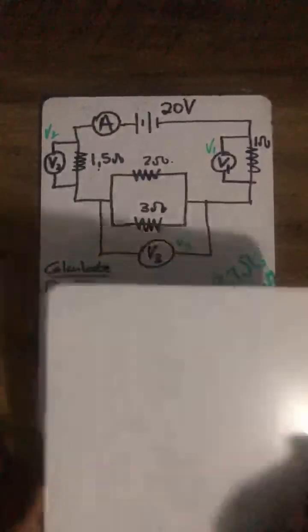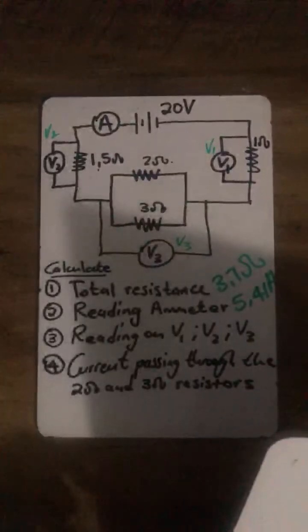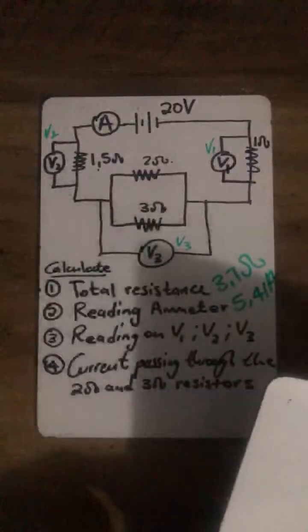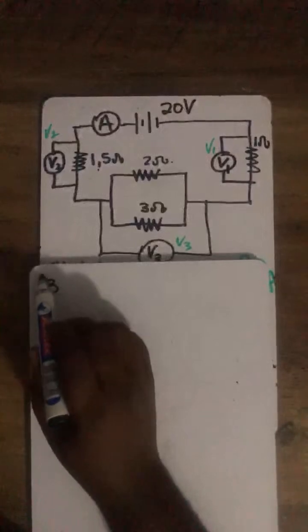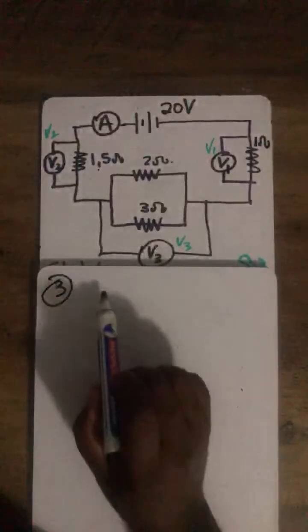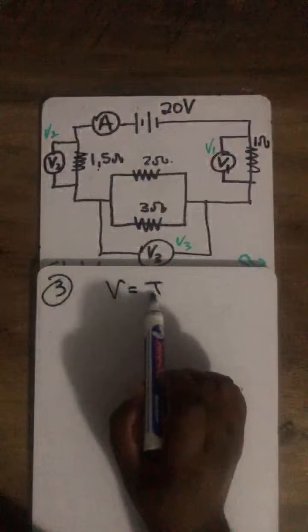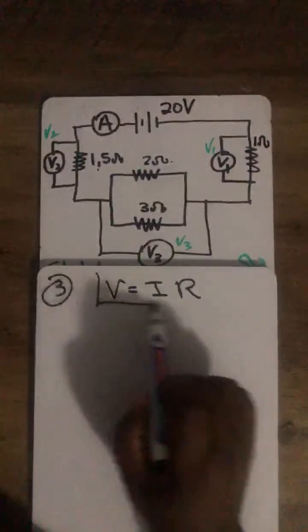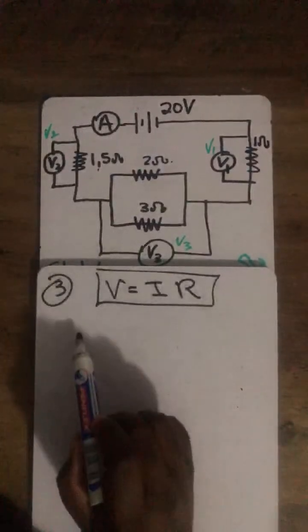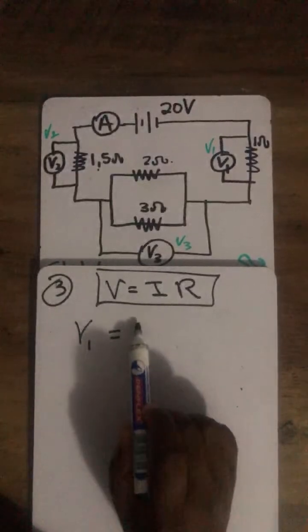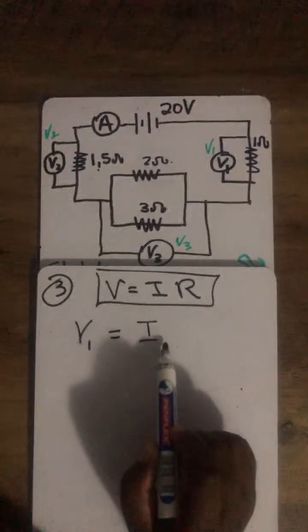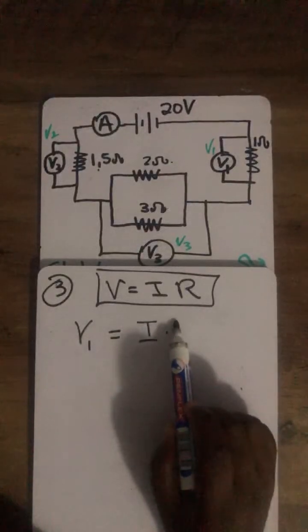It's question 3 that we are dealing with. So let's see. Obviously, the formula is this one, which says V equals IR. So now, when we get to V1, we need to substitute the current that is passing through V1.